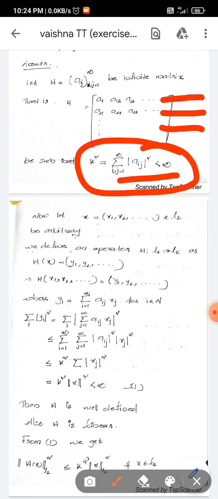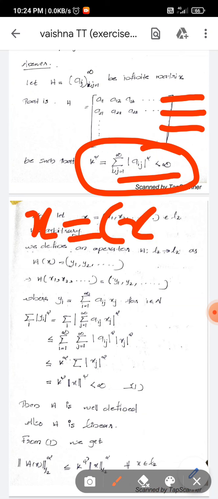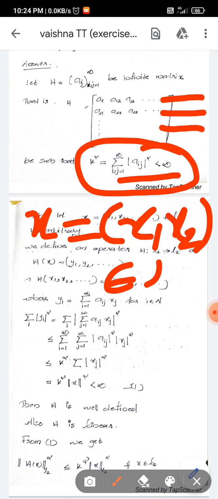It is a finite sum. Then we let x be the sequence x1, x2, etc., arbitrarily chosen. This sequence belongs to L2.